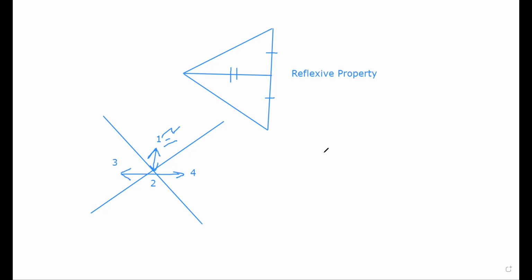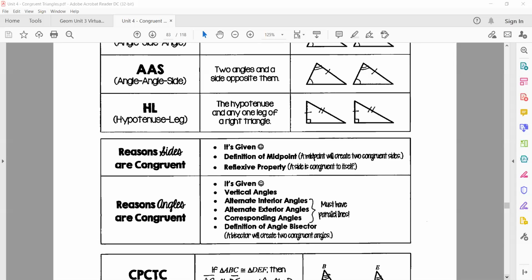Always, always, always. I know your mom probably told you never say never, never say always, but in this case, you can say always because it's true. It's another reason why we like those definitions, because they actually work for us when we need them to. Now, the next three, alternate interior, alternate exterior, and corresponding angles, only work for you if you have parallel lines.